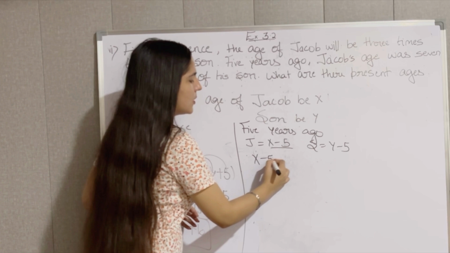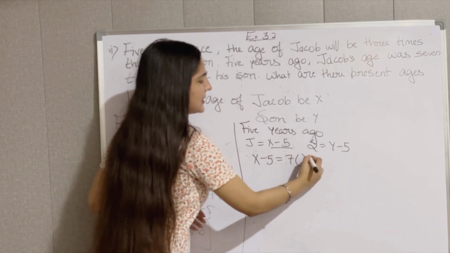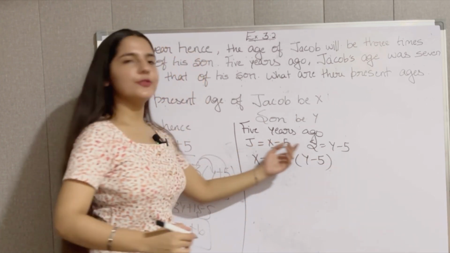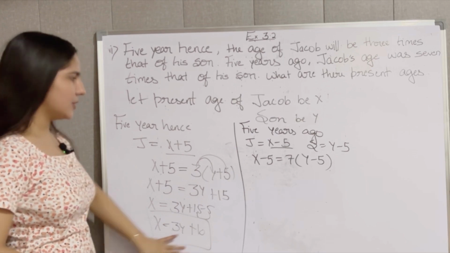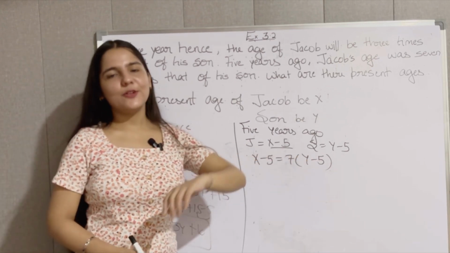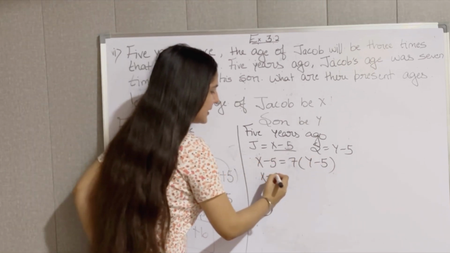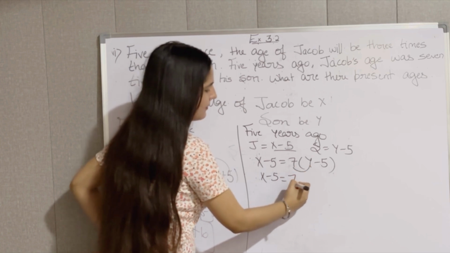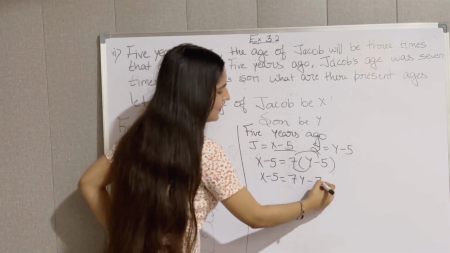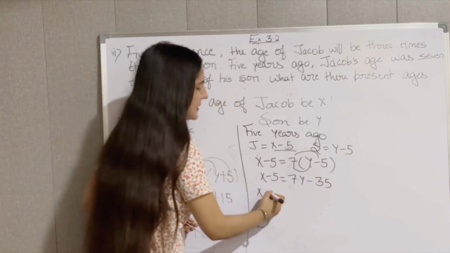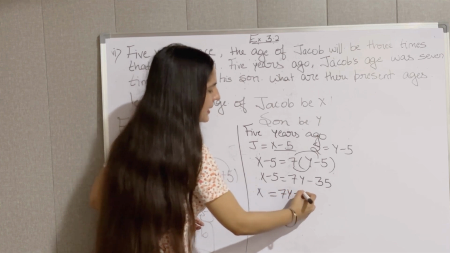So from here we'll make the equation and then we'll put this value of x and find the values of x and y. So x minus 5 is equal to 7y minus 7 5s are 35. So x is equal to 7y minus 35.